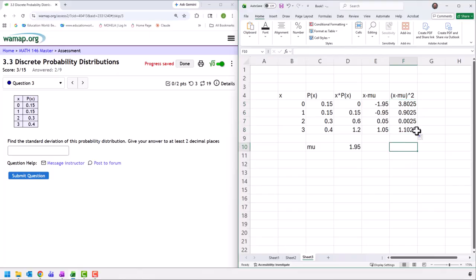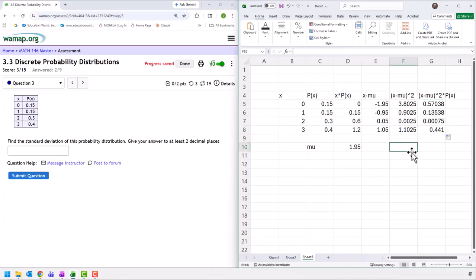Now we have the deviation squared. So now we do the deviation squared, x minus mu, quantity squared, times p of x. Otherwise, the probability doesn't really come into play here. So that is this multiplied by the probability that it occurs. And I do want these to slide down, so I'll just double click this.